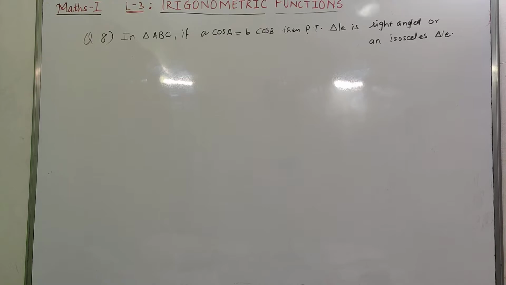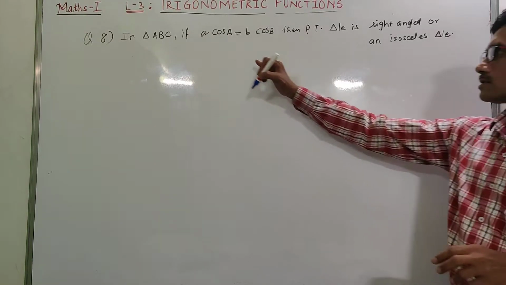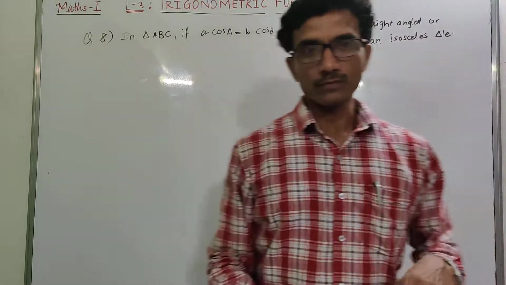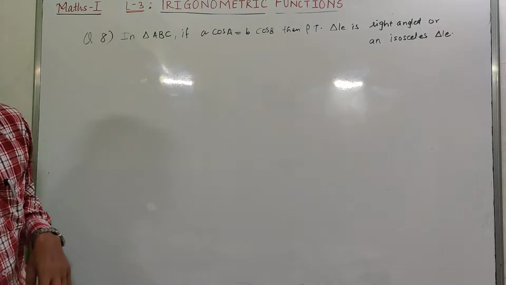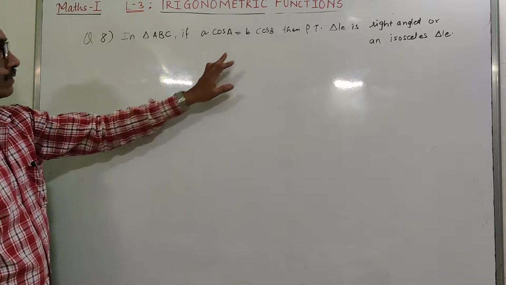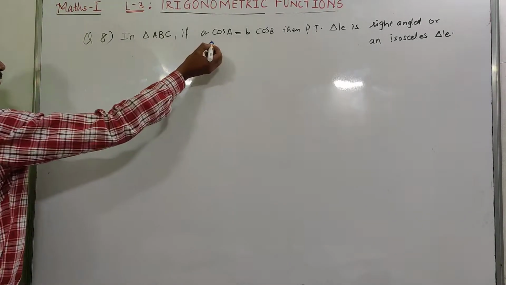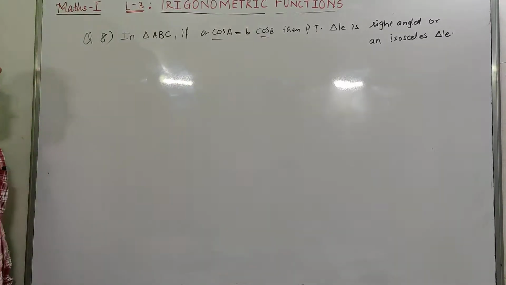Question number 8. In triangle ABC, this is given: a cos A is equal to b cos B. Then we prove the triangle is either right angled or isosceles. See here, a cos A is equal to b cos B, so we use here cosine rule.